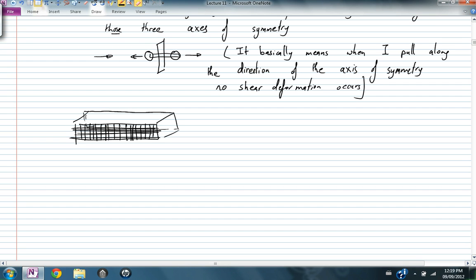So in the third direction you get a totally different Young's modulus or totally different stiffness, and the behavior is symmetric along those three axes of symmetry.